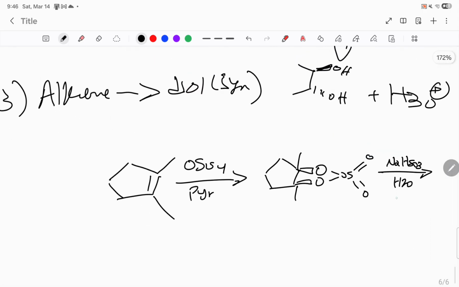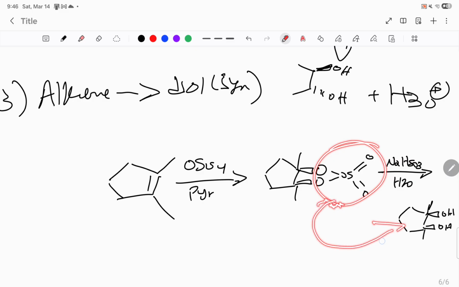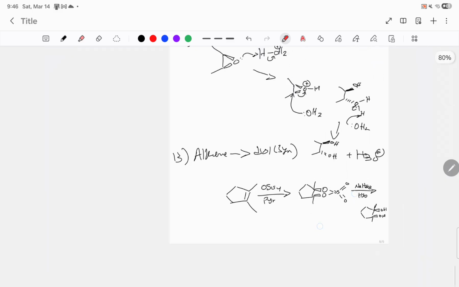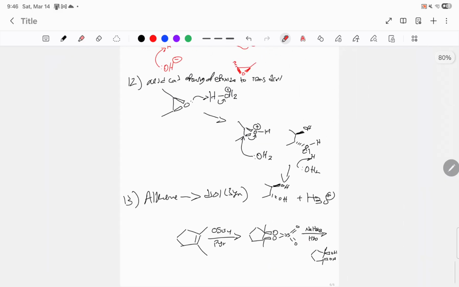And it is precisely this aqueous solution portion that gets me this syn diol, okay? Again, my methyls are still there, okay? So again, the osmium tetroxide being added in there is what's allowing me to get this syn addition of my two alcohols there, okay?